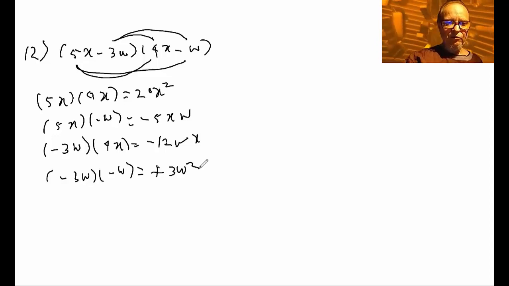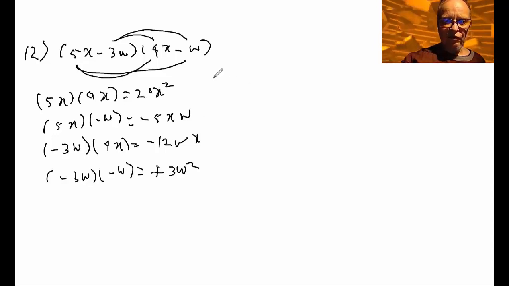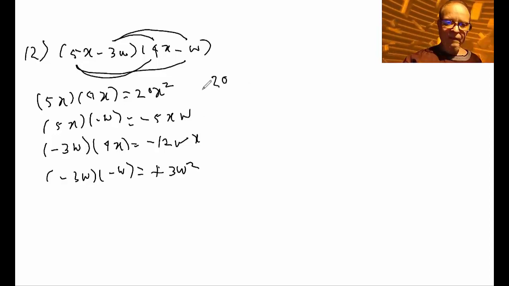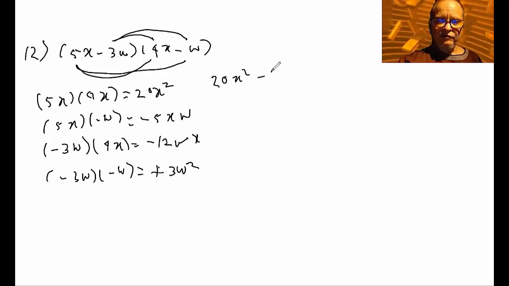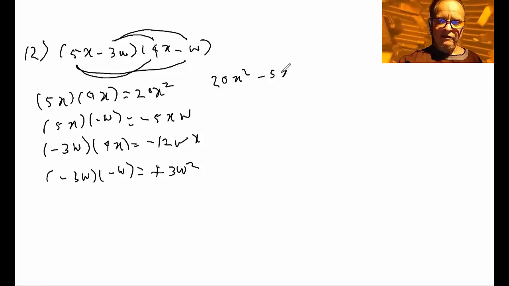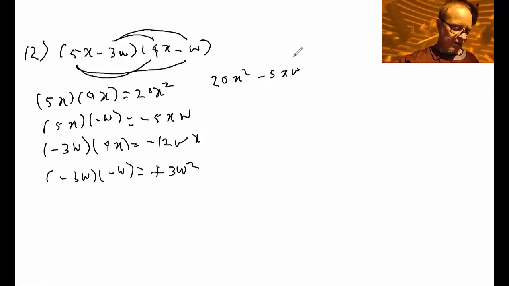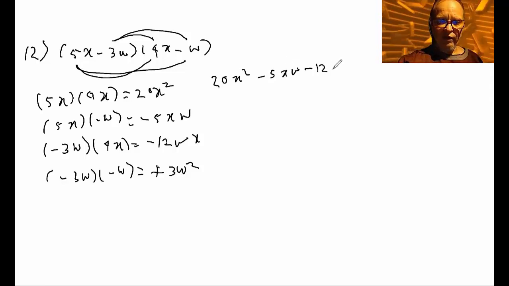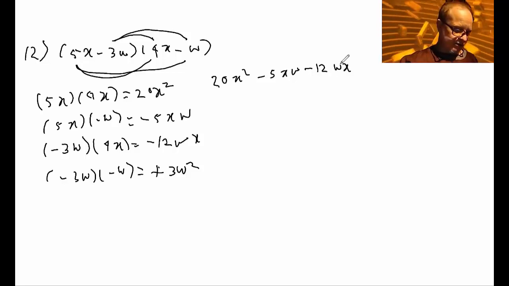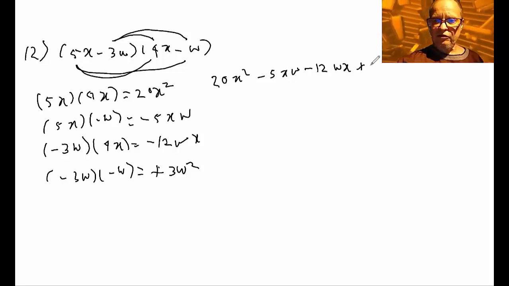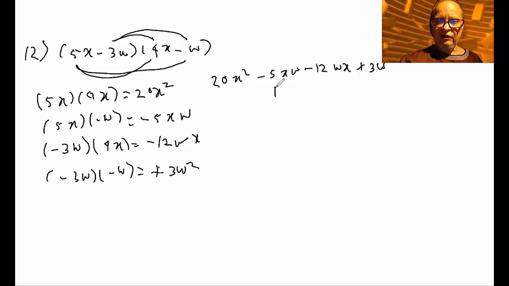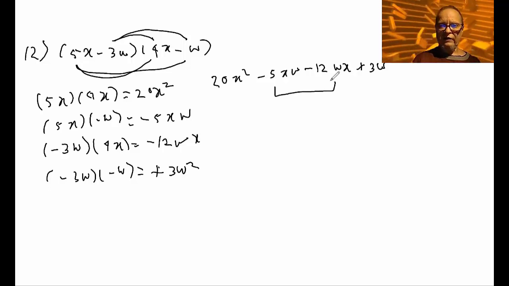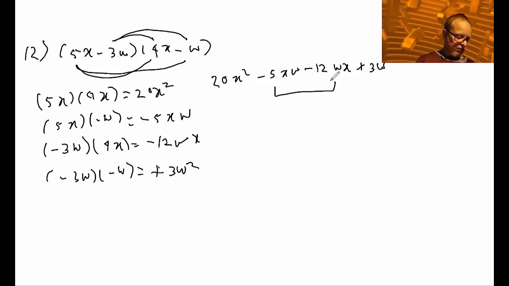And then we bring them all together, 20x squared minus 5xw minus 12wx plus 3w squared.